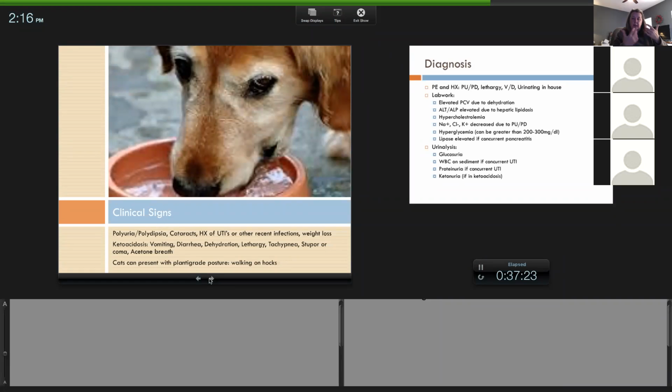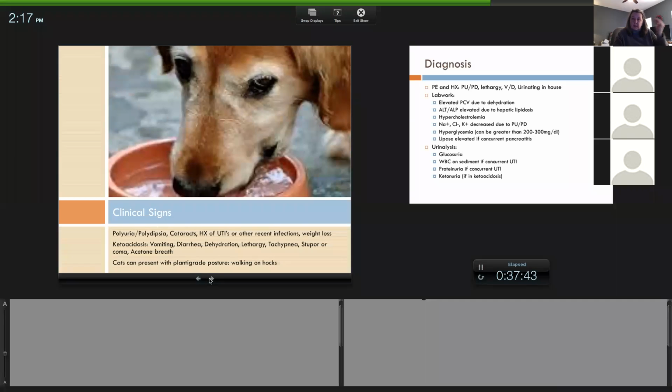And they tend to have a history of recent UTIs, urinary tract infections. The problem is when you have elevated blood glucose, and some of that glucose potentially makes it into the urine, bacteria like that and proliferate.